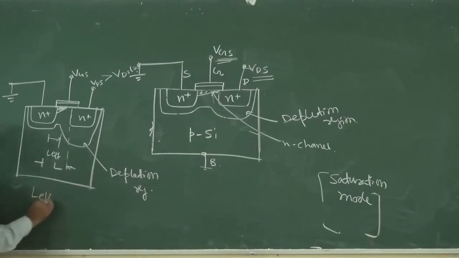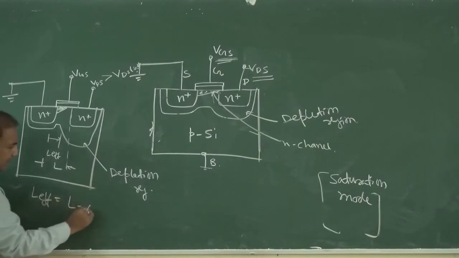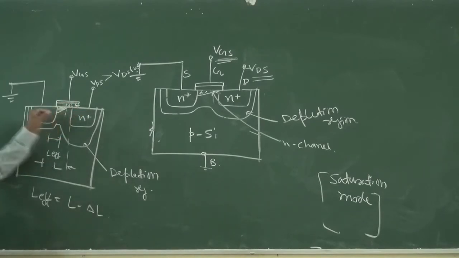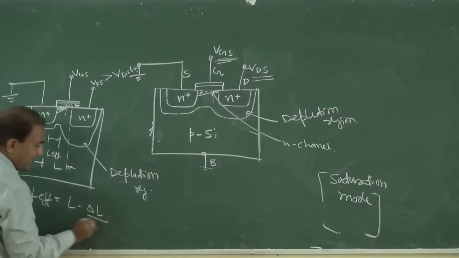So L effective is equal to L minus delta L. This is delta L, and this is L effective of the channel. So in case of saturation mode, effective length of the channel is less than the physical length of the channel by an amount delta L.